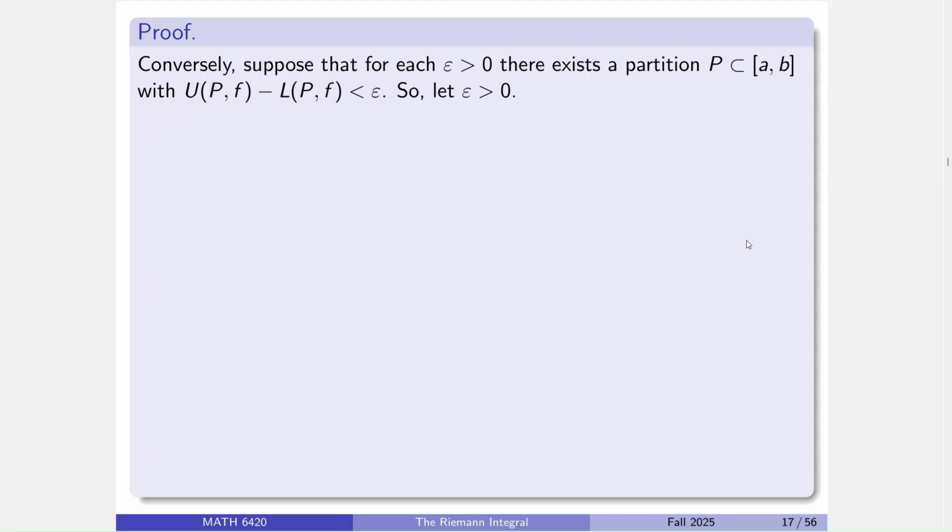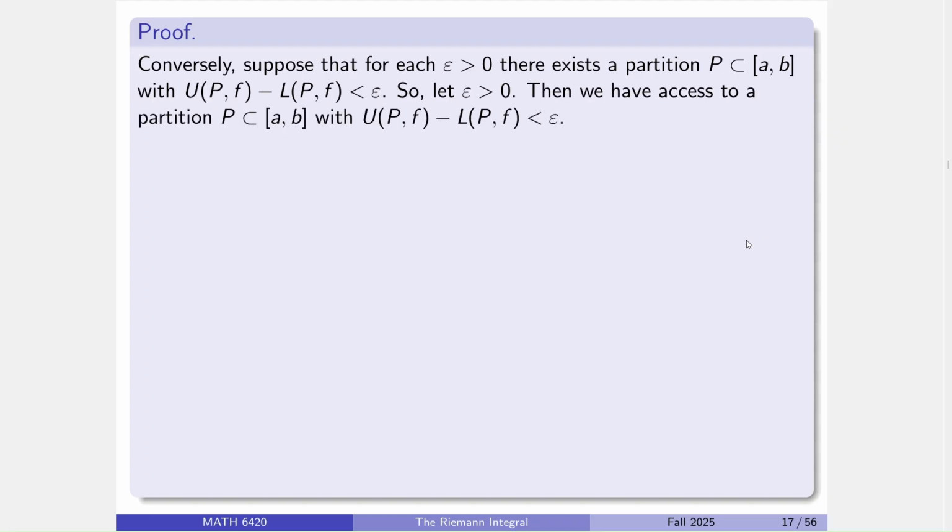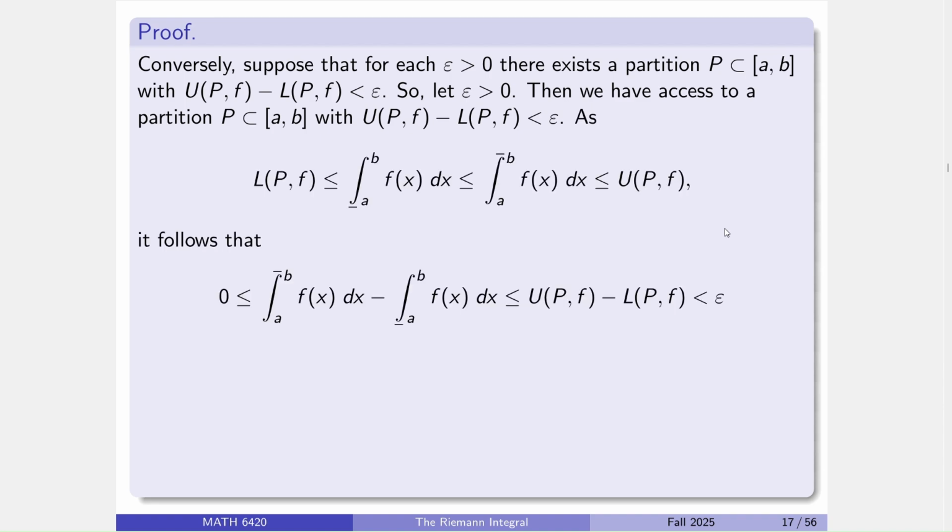Okay, so I want to prove that I'm integrable. Let epsilon be greater than 0. By assumption, I have this partition. Now, where does this partition have to live? Well, of course, the lower Darboux sum is an element of the collection of lower Darboux sums, which means it's less than or equal to the sup. The sup there is less than or equal to this inf.